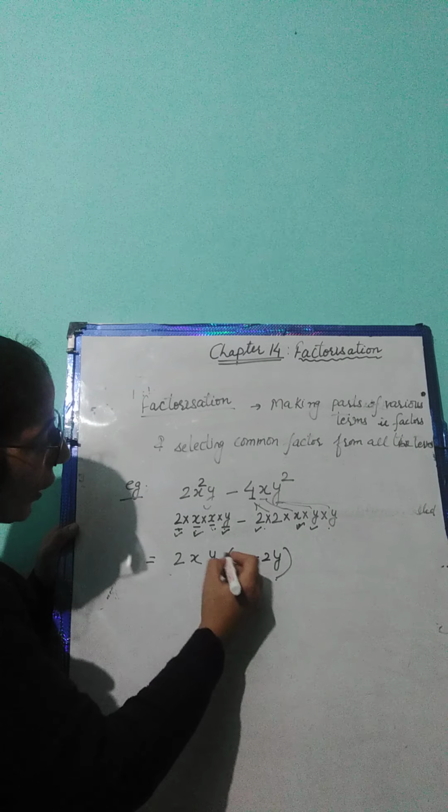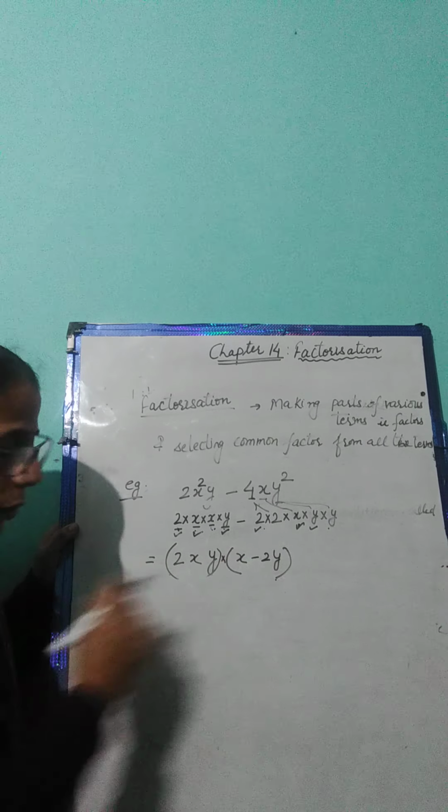What is the meaning of factorization? Changing this plus or minus term into product form. See, 2xy into x minus 2y, x minus 2y is inside the bracket now. Now that is turned into product form.